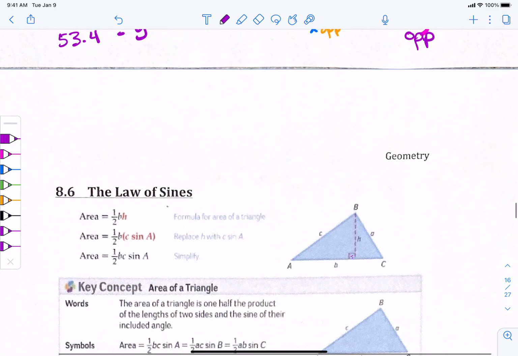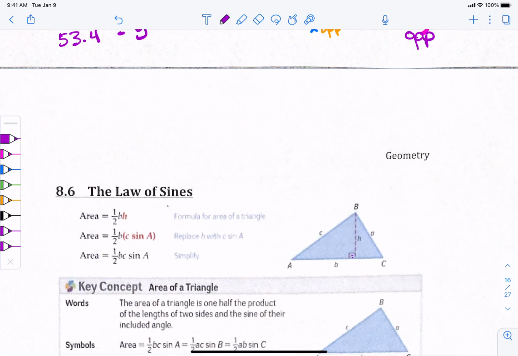Ready? Here's my pep talk. Put this at the top of your page. Before this in this chapter, we were dealing with a certain special type of triangle, and it had to have what? A right angle. So right triangles. And in right triangles, we could use SOHCAHTOA, right?